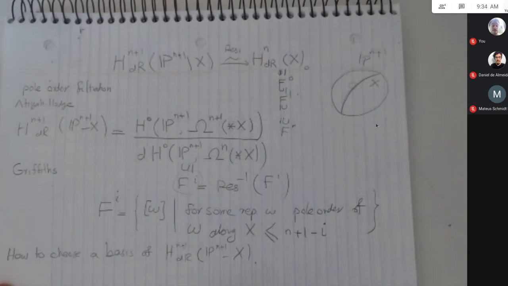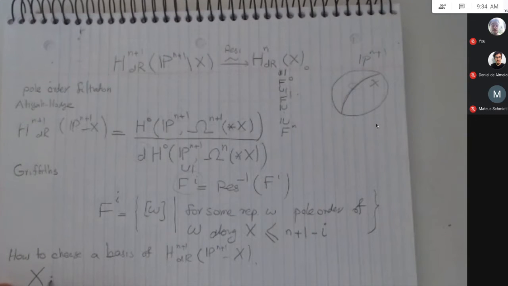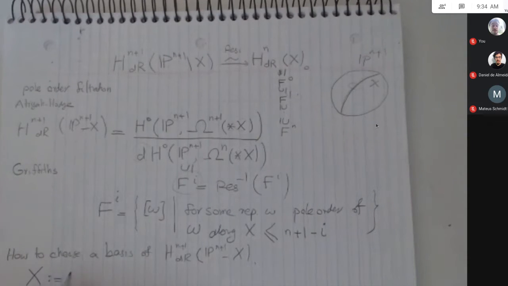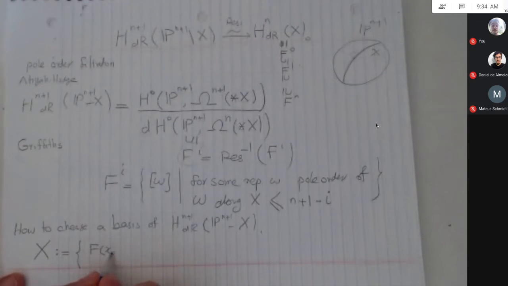Okay, so I have to choose a basis, and for this, let's assume we are given F, a homogeneous polynomial of degree d. Here I will use capital X because small x I will use for another purpose.